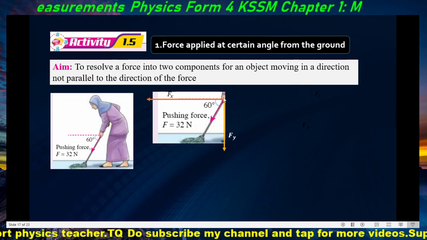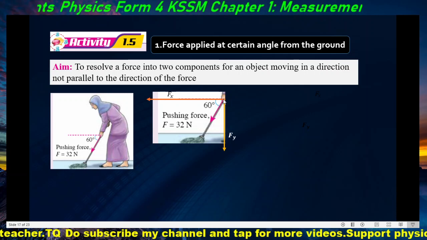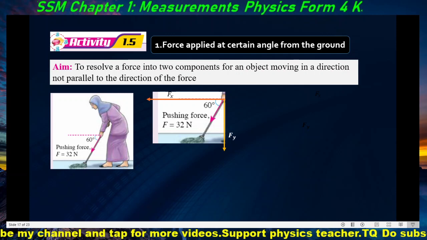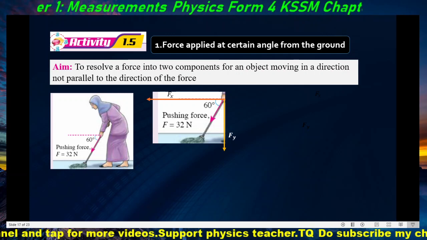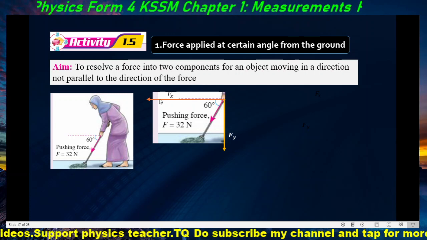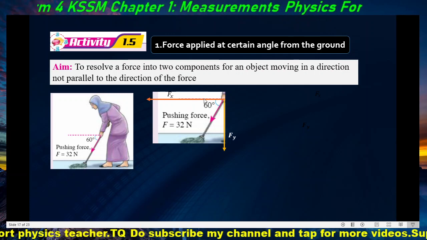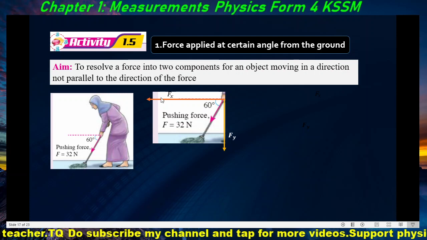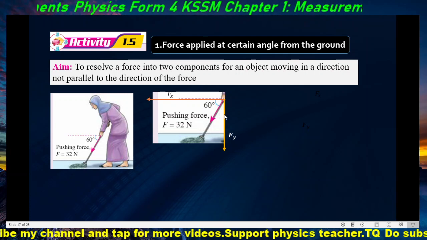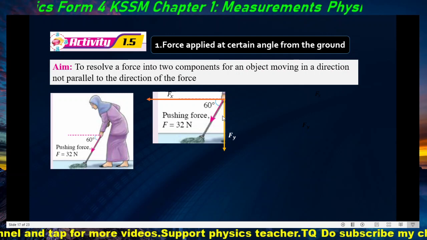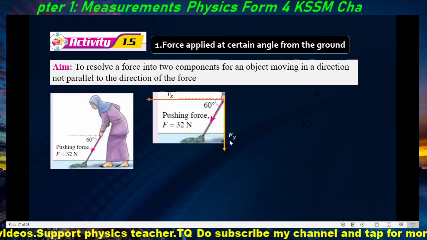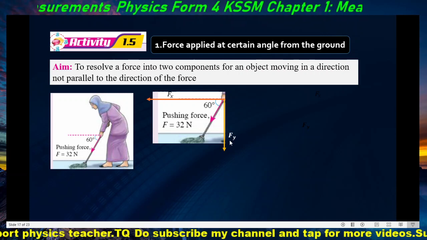You can see this is the lady's hand. The applied force is coming out from this point, meaning the components must be the same. They also come out from the lady's hand, this one towards the left, and this one to the right, and they are perpendicular to each other. This one is downward, Fy.